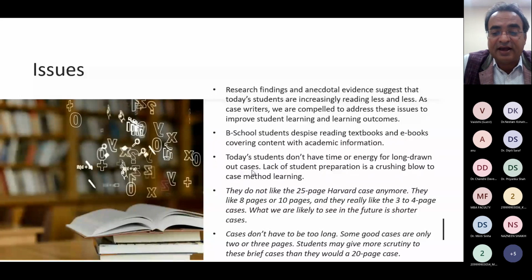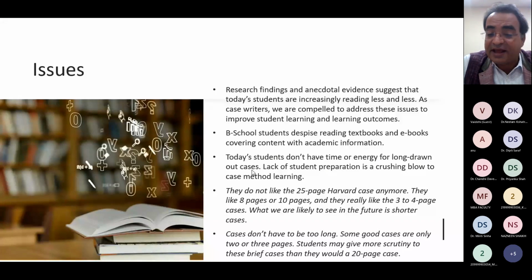As faculty members who teach cases or case writers, we are compelled to address these issues to improve student learning and the learning outcomes. It has also been found that B school students despise reading textbooks and ebooks covering content with academic information. So it's fair to assume that today's students don't have time or energy for long drawn out cases.